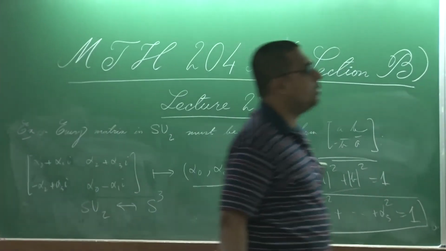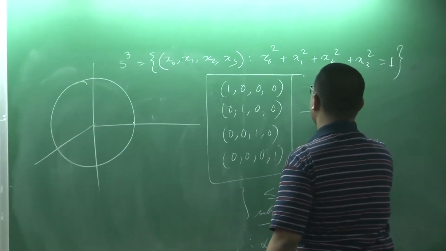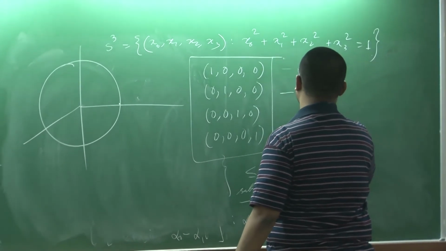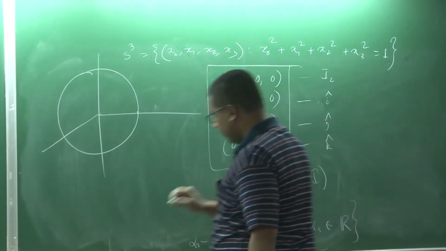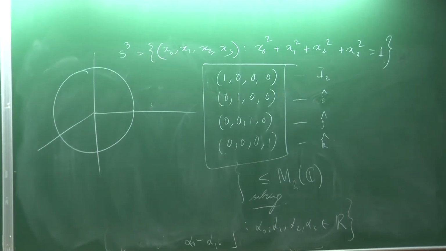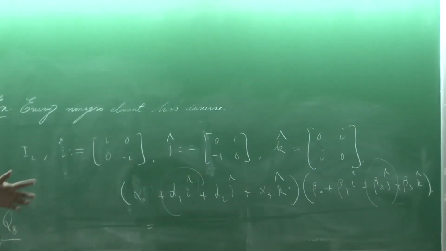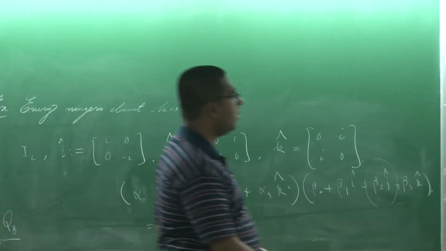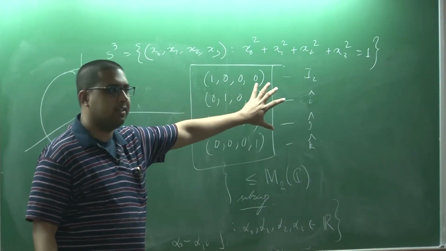So the first basis element corresponds to the identity, and since I don't have time, let me just mention that this goes to i, that you can simply verify, okay. So therefore these basis vectors can be geometrically perceived on the sphere as the standard basis vectors, okay.